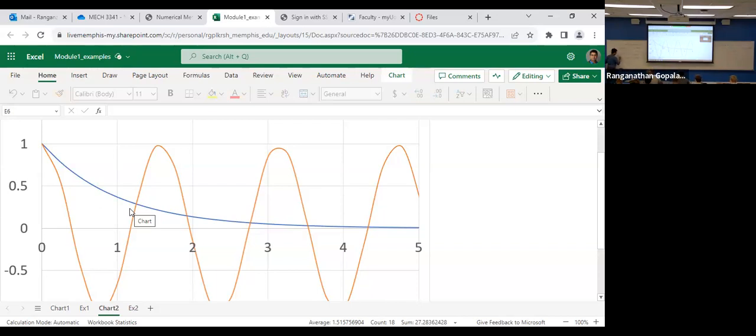This flipping of sign implies an intersection happened. And that's what we want to narrow down.